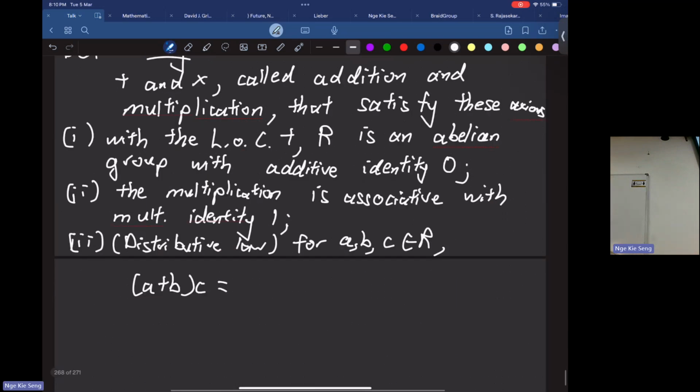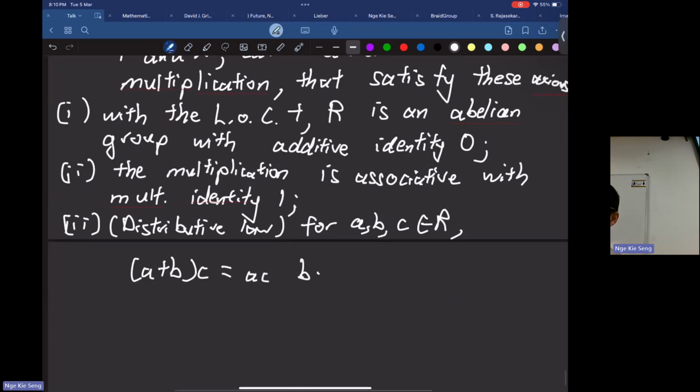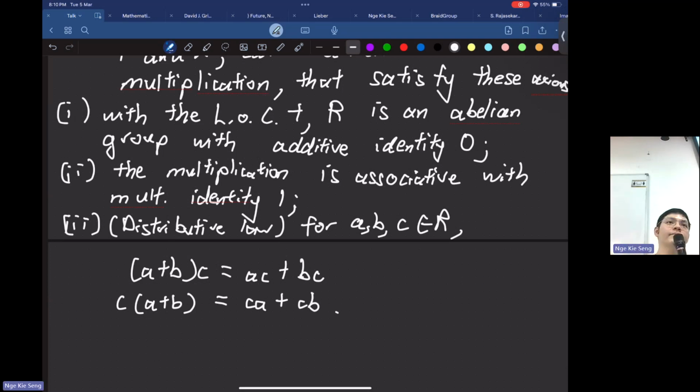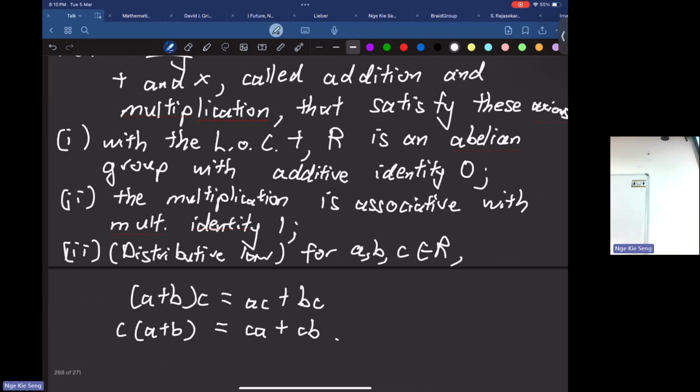But we can also do ac and bc first, and then add them together. This is the distributive law. We demand these two things to be equal. And another way is c times (a + b) equals ca + cb. This is what we used to call opening the bracket, at least what I learned in secondary school.